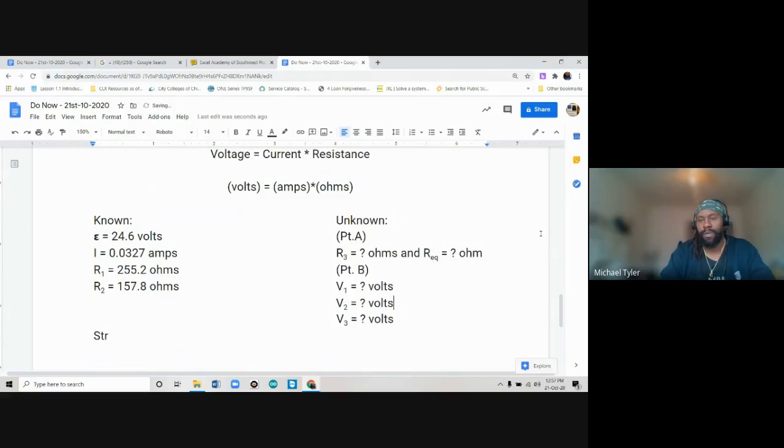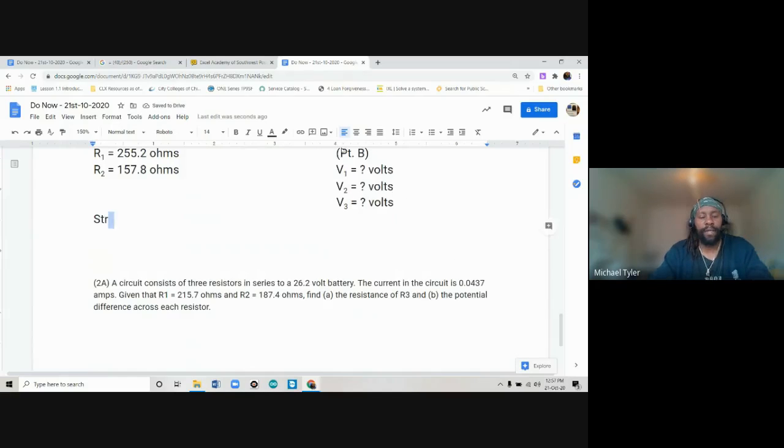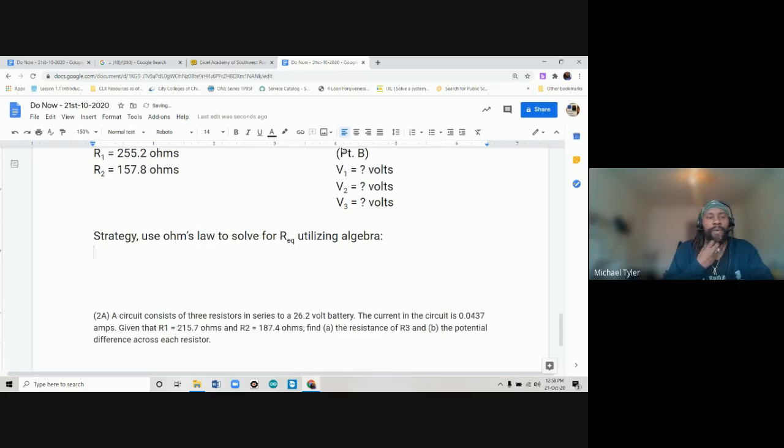All right, so strategy: basically, use Ohm's law to solve for REQ, utilizing, use the mess out of, algebra. Okay? So let's begin.